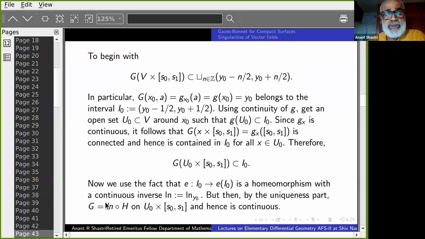Now, once you have this formula, continuity of g follows. Why? Because ln is continuous and h is continuous. In fact, if h is a differentiable function, then g will also be differentiable. So this proves the continuity of g on U naught cross S naught S1. So that is the starting point of the induction.